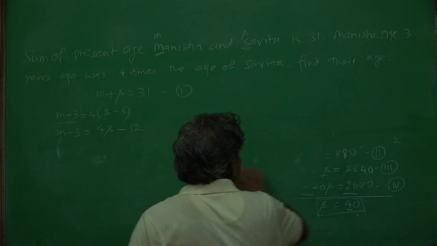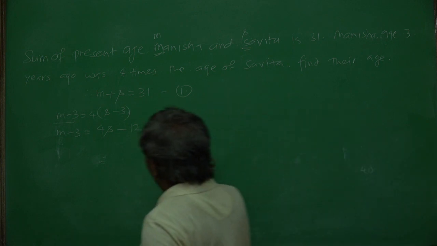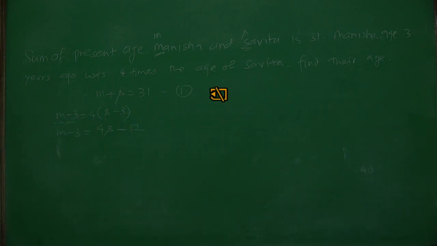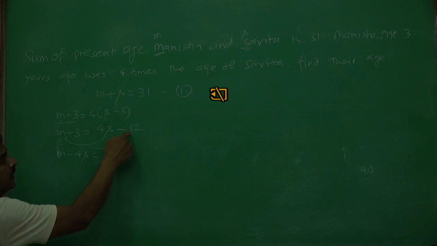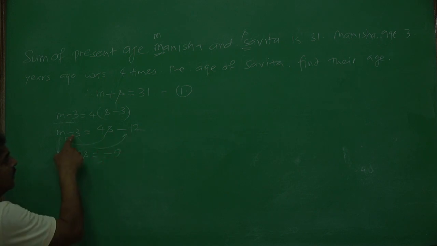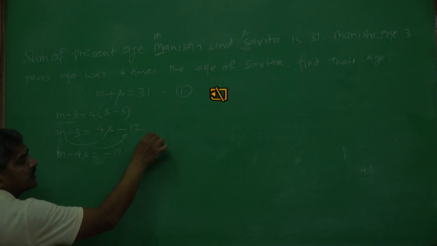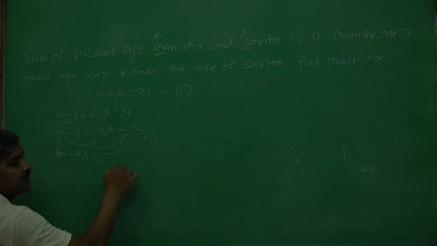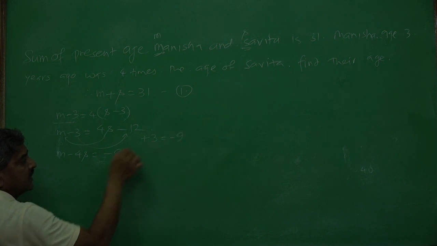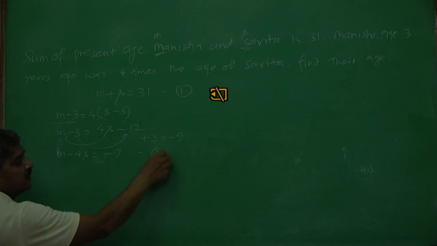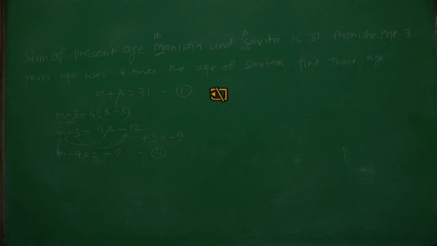Shift 4S to the left hand side, M minus 4S is equal to, shifting 3 to the right hand side, minus 12 plus 3, that is equal to minus 9. It is correct. So this is equation number 2.